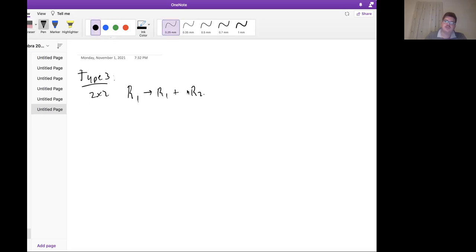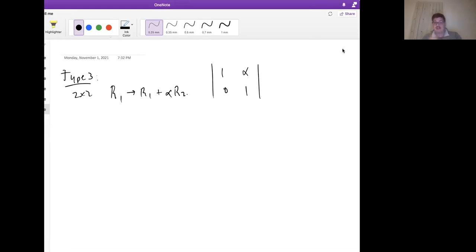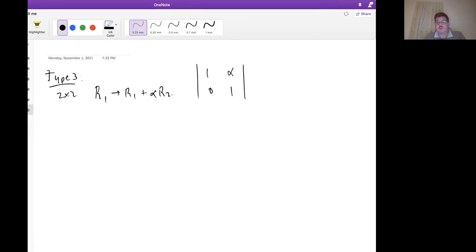What does the matrix look like? Good, 1 alpha 0 1. But just be aware, on the midterm, I might give you a row operation and you tell me what the matrix looks like, and I might give you a matrix and you tell me what the row operation looks like. So make sure you're able to do this.